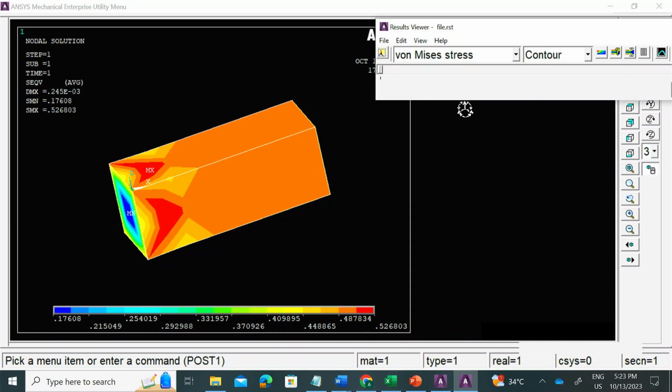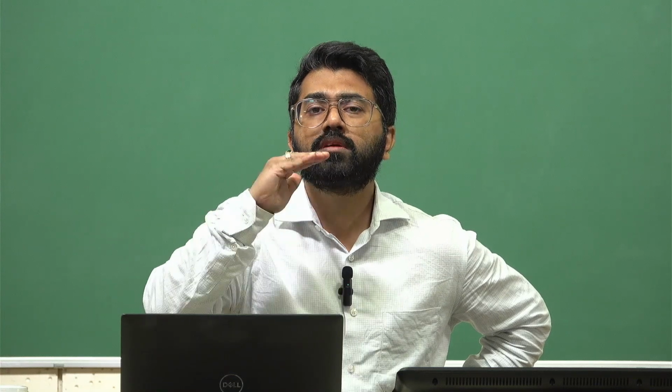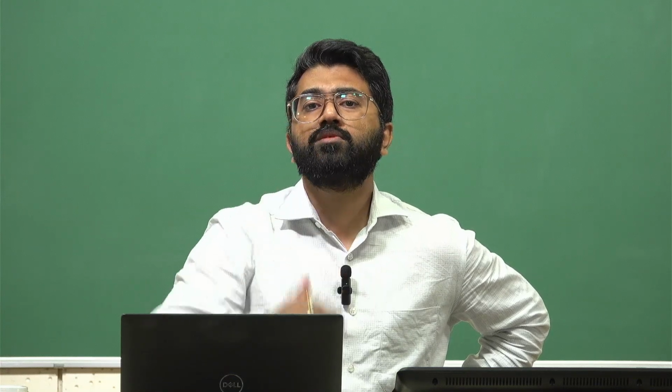Let's say I apply higher pressure, and these colors are going to stay the same, but the numbers are going to keep on changing, right? So let's say this goes to 16. That means I have gone over the limit of ultimate tensile stress. Now my system will fracture. So I want to keep the simulations and keep everything below the 15. I can go beyond, but if I go below, I will be able to analyze that this is where I am not violating the maximum stress limit.